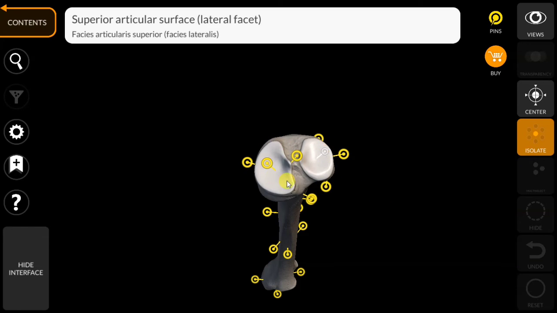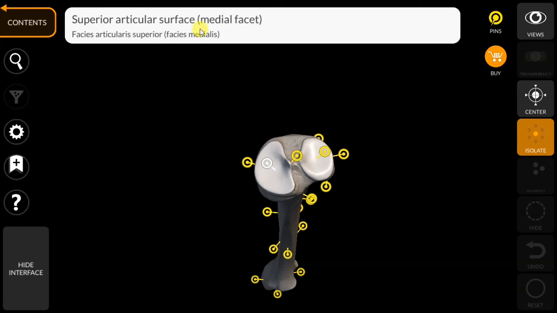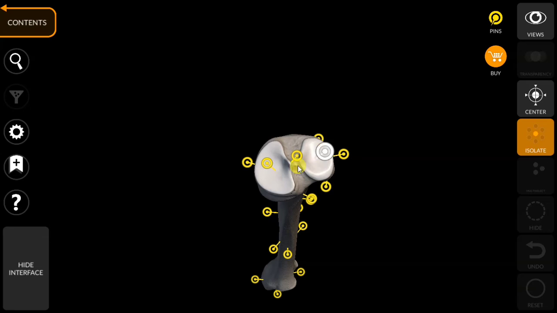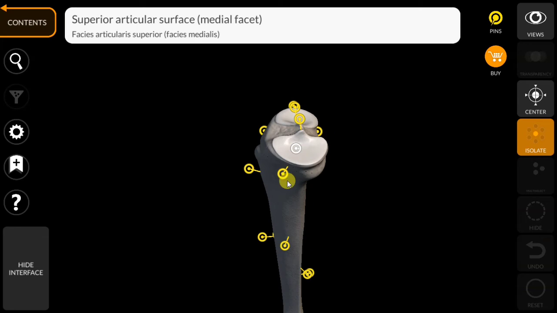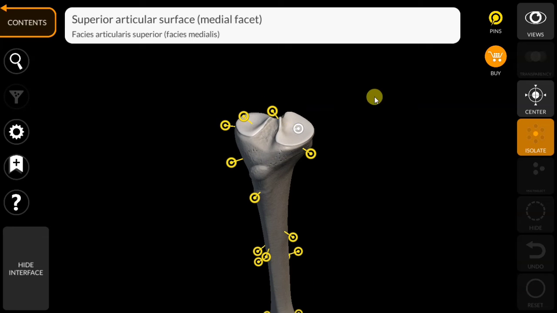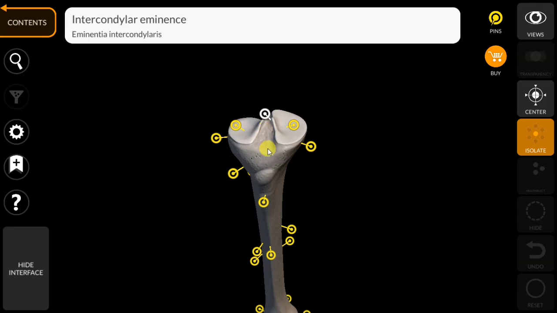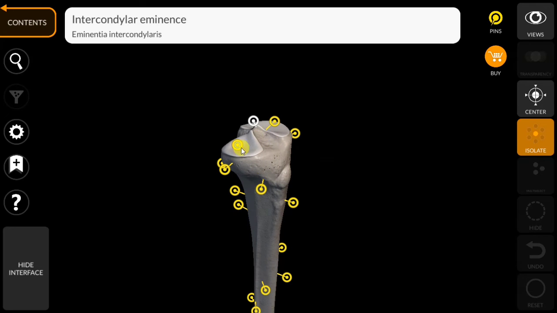It has two articular facets: the superior articular surface, or medial facet, which we can say is the medial condylar fossa. This is because the two condyles of the femur articulate within these two facets. Between these two facets, there is an intercondylar eminence, and also an intercondylar area between the two condyles.